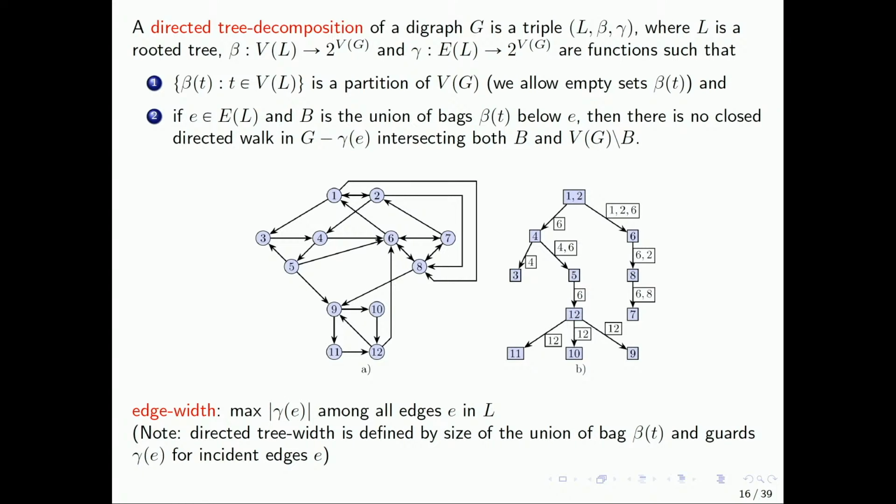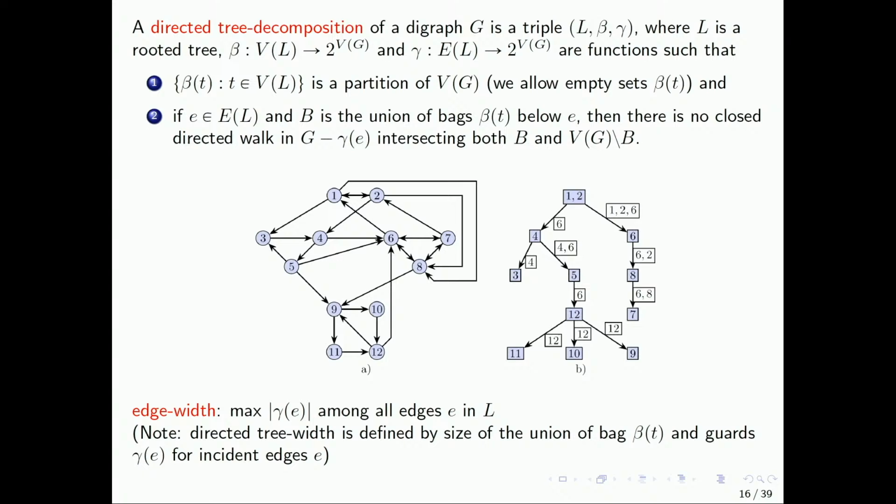All such closed walks are blocked by gamma E. So gamma E is sometimes called a guard, because it guards a possible walk from below to above.